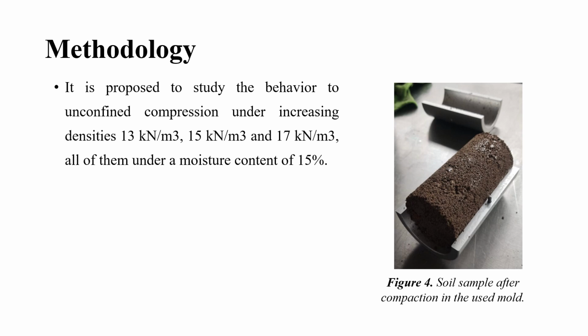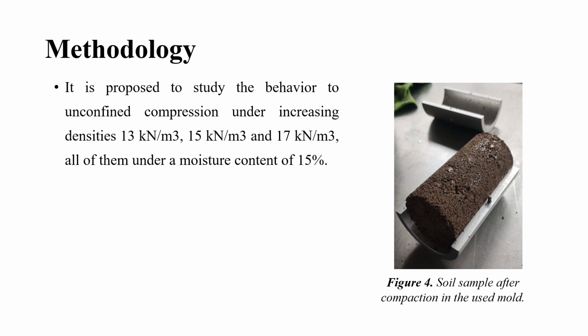We put the soil at a moisture content of 15%, which is a very initial approach in order to study and identify the behavior of the material. We put the soil inside a mold, and this mold was able to be torn apart, as can be seen in figure 4.